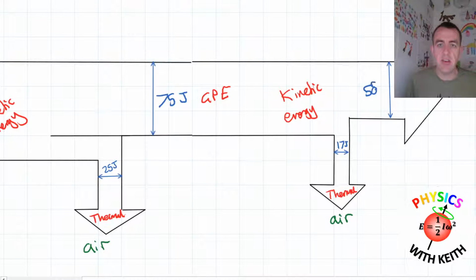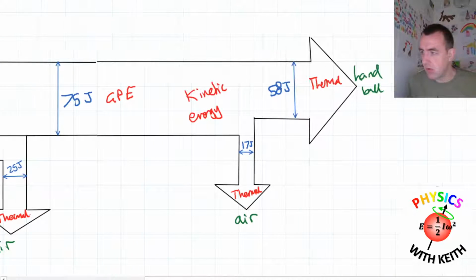This is 58 joules of energy here. And actually, where's that going to end up? That's going to end up as thermal energy in the hand and ball. So, hand and ball.